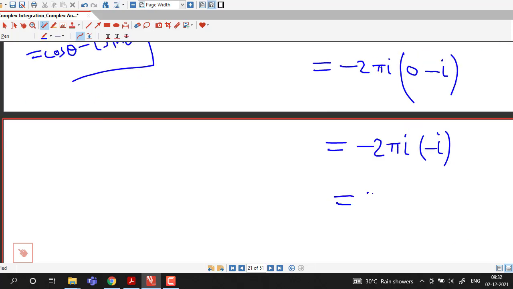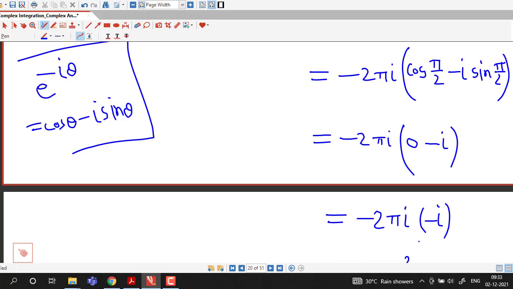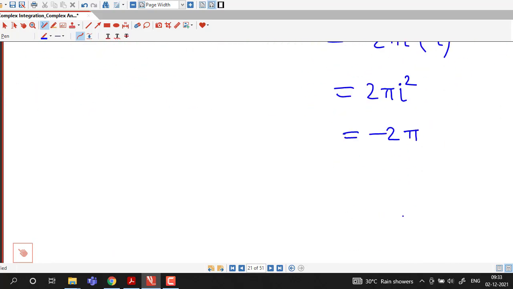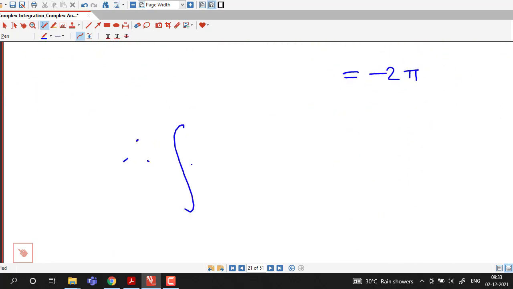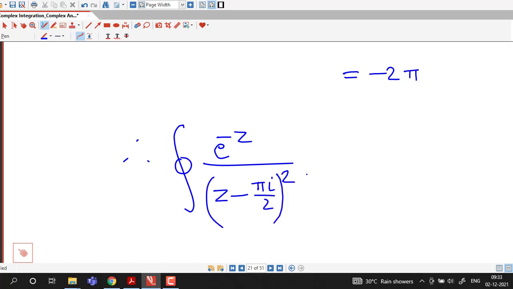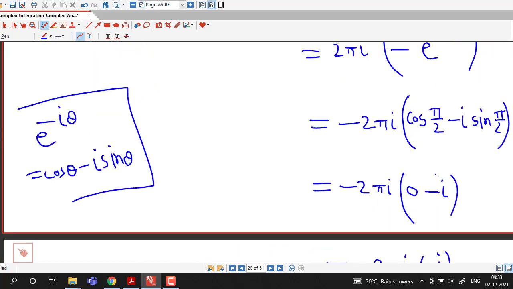Negative negative will be positive, and we have 2 pi i square, and because i square is minus 1 we have minus 2 pi. So therefore we obtain that the value of this integral of e raised to minus z over z minus pi i by 2 whole square along mod z equal to 2 is minus 2 pi.